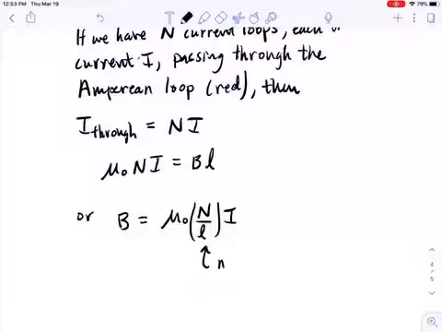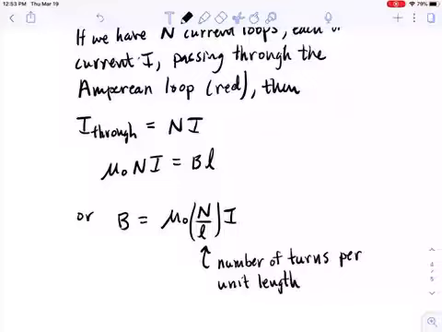This is the number of turns per unit length in this coil of wire, let's say. Number of turns per unit length of our wire coil.